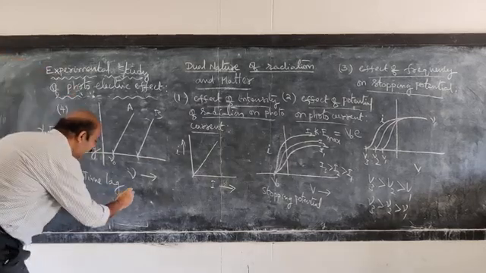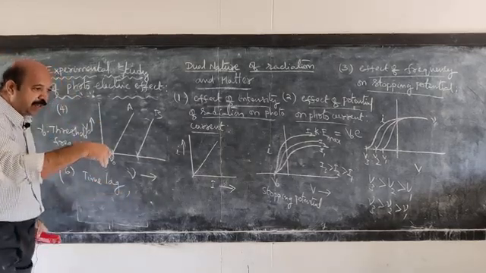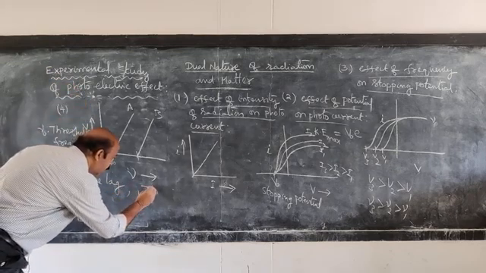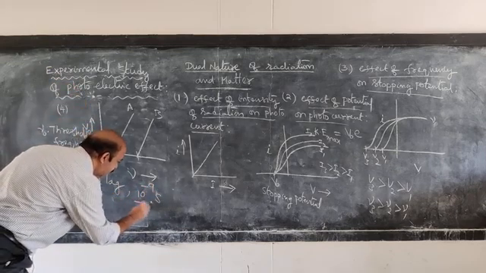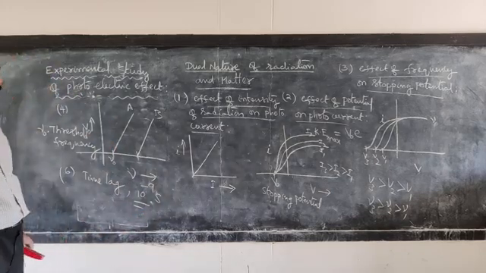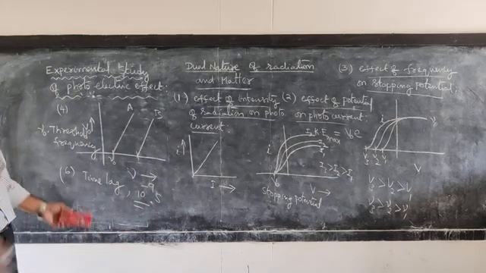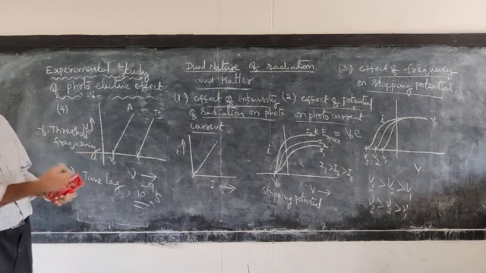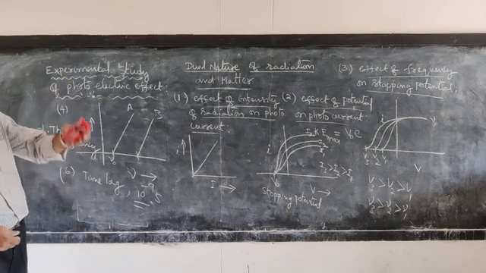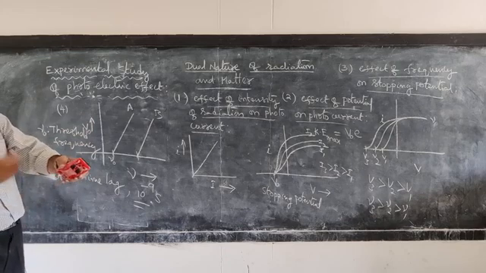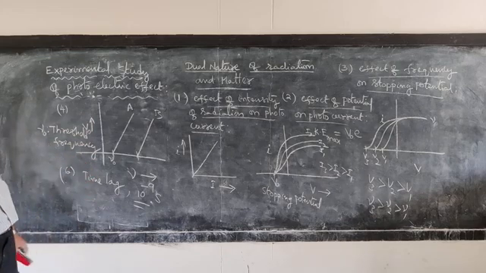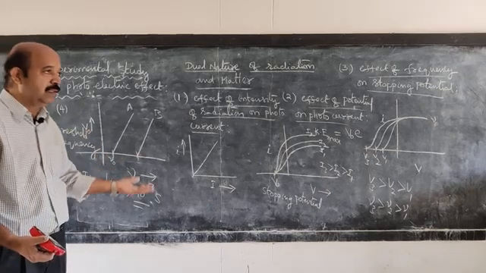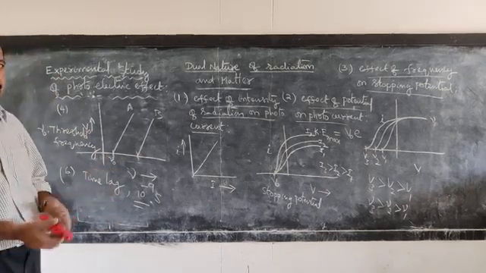The measured time delay between the incidence of radiation and the emission of photoelectrons is found to be 10 to the power of -9 seconds, of the order of nanoseconds. It means almost there is no time lag. It is something like a collision between the radiation falling on the metal surface and the ejection of electrons from the metal surface. So these observations can be treated as the laws of photoelectric effect.